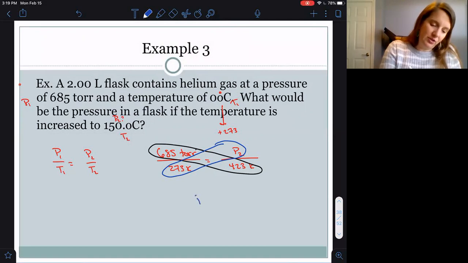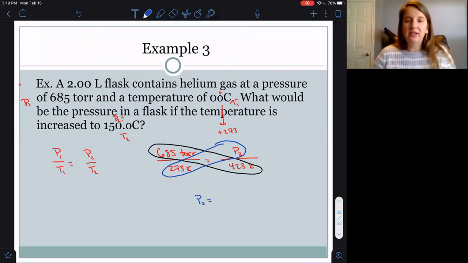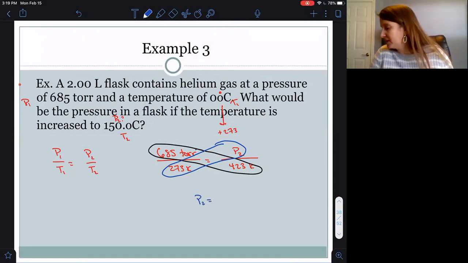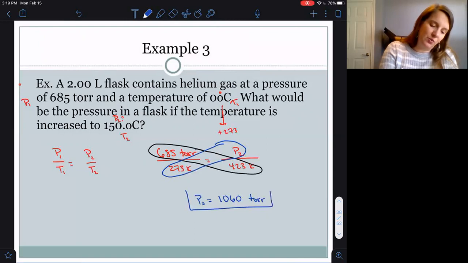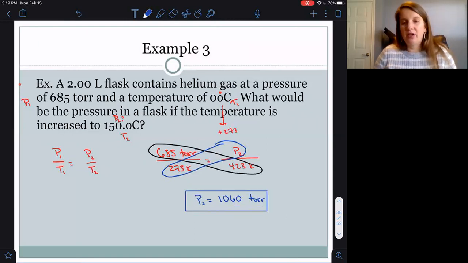I'm looking for P2. I've got 3 sig figs here because that's the fewest number of sig figs I have. So I'm going to round my answer to 1060, and my units are going to be torr because my pressure units on the left side are torr. Whatever units of pressure I have are the same units I have on the P2 side.